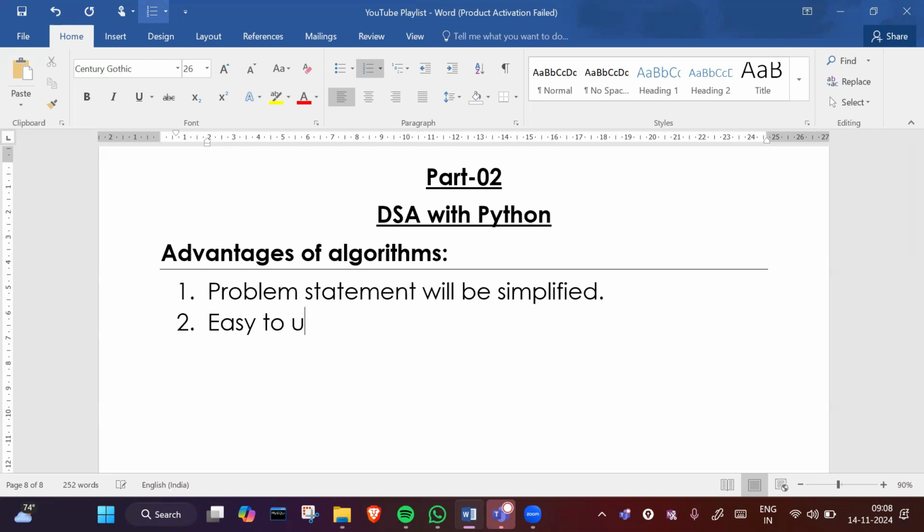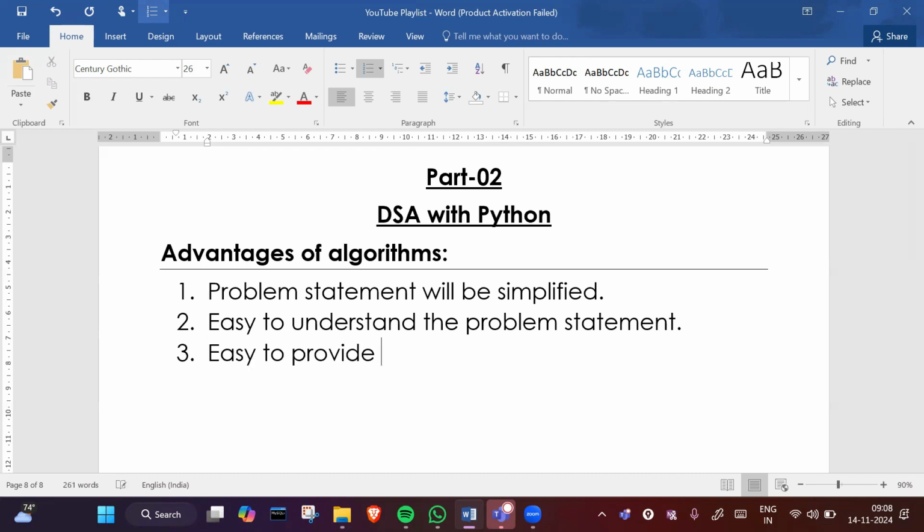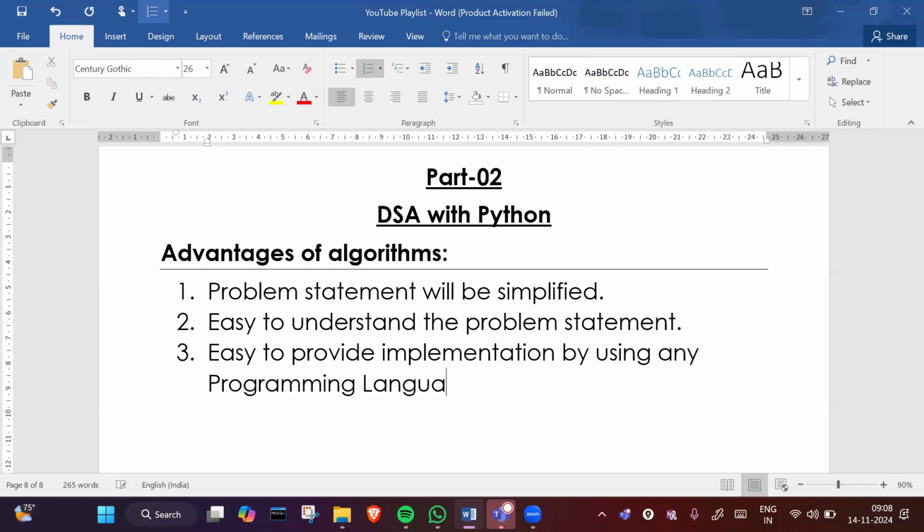And it is easy to understand the problem statement, and easy to provide implementation by using any programming language, right?